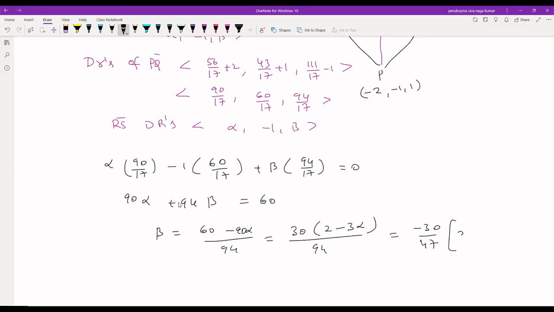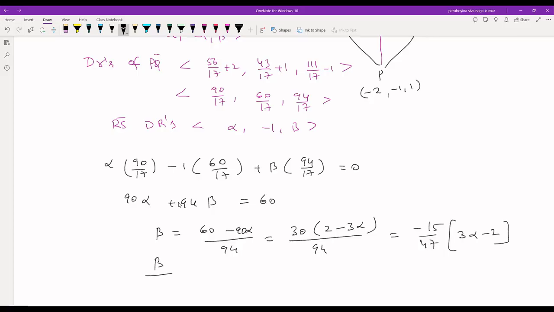Least cancellation, no, 15. So 15 by 47 into 3 alpha minus 2. We can write like this.